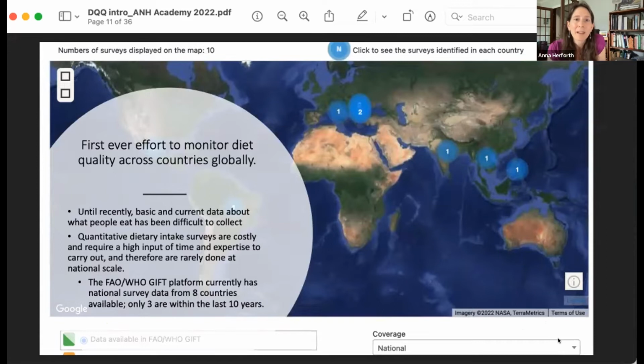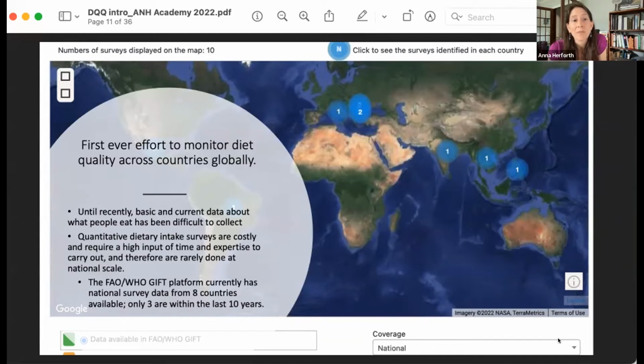We've had lots of efforts to gather existing diet quality data. One shown here that's a very worthwhile, excellent effort, the GIFT platform of FAO and WHO, to compile existing data sets that are out there in different countries. Lots and lots of data sets are available. But when you want to find recent nationally representative surveys, there are not very many of them.